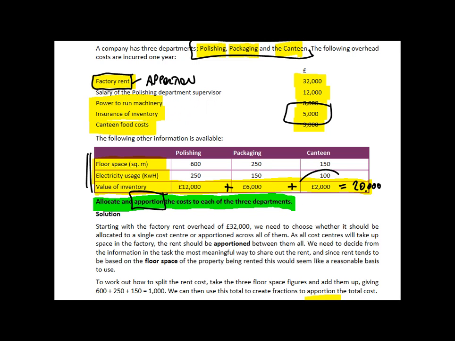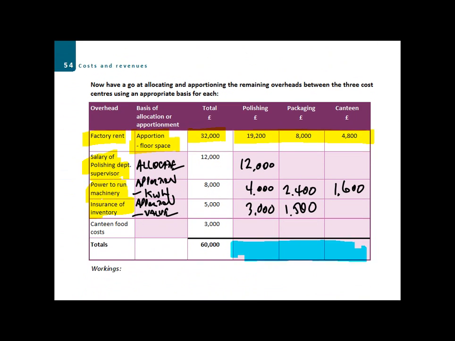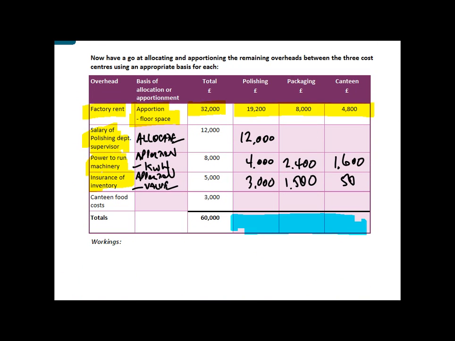Well, the canteen, they only have 2,000's worth of inventory, maybe supplies of food that they'd be keeping in their fridges. Well, 2,000 out of 20,000 is 10% of the inventory. So they'll get 10% of the £5,000 cost, which gives me £500 that I would apportion to the canteen. And as we did before, if I then add up 3,000 plus 1,500 plus 500, just double check that comes back to 5,000, which it does do.